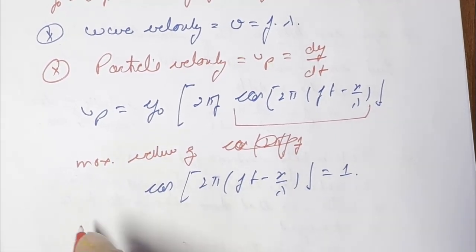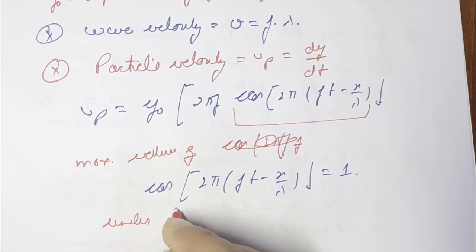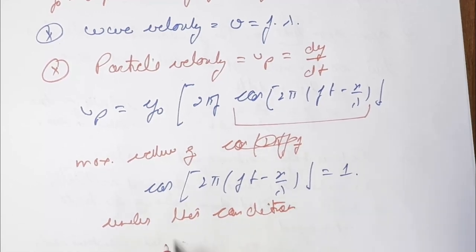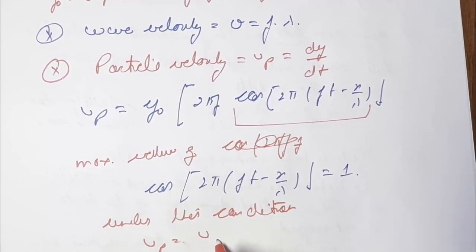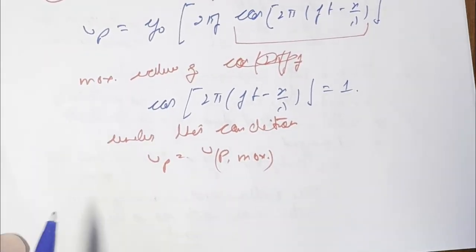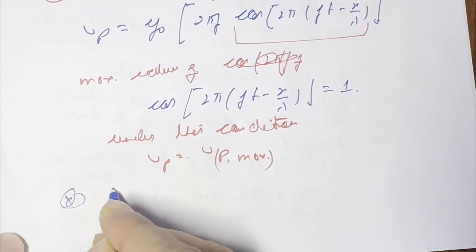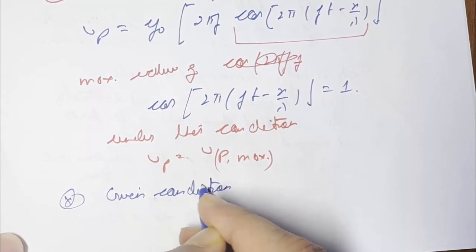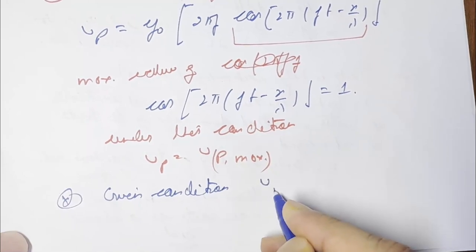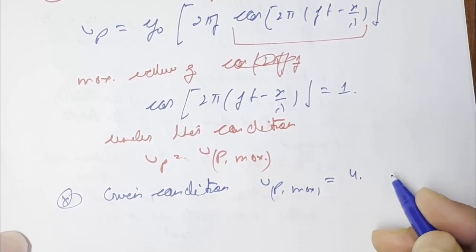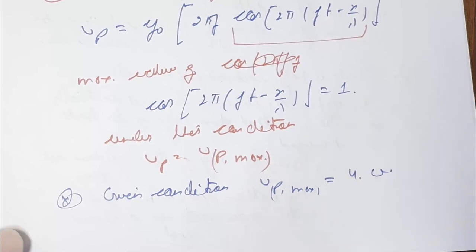Under this condition, the particle velocity will be equal to the maximum particle velocity, and we have a given condition which states that the maximum particle velocity is equal to 4 times the wave velocity, that is v.